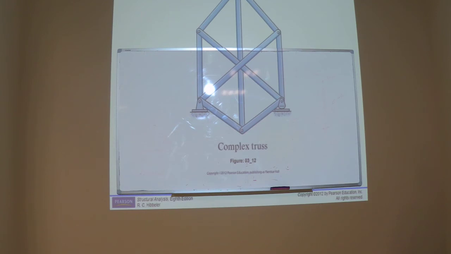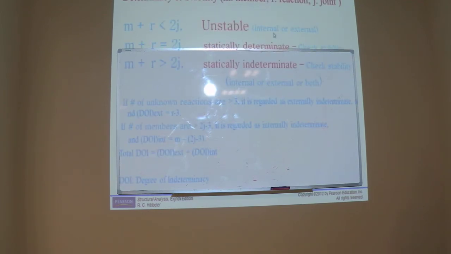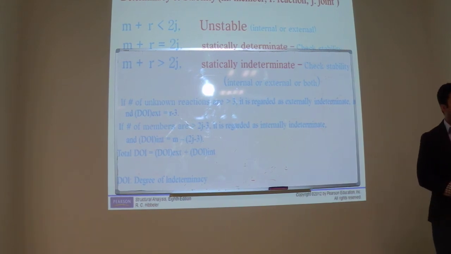Can you see? Support here, and one member is joined directly from this point to this point, another from here to here. Now what about the stability and determinacy? It's very simple.